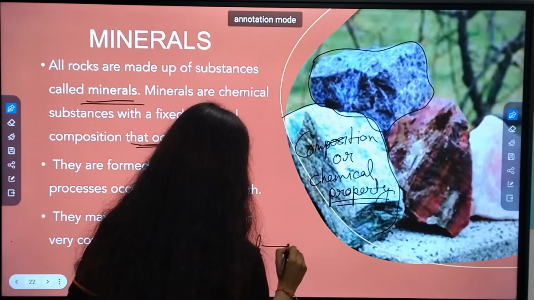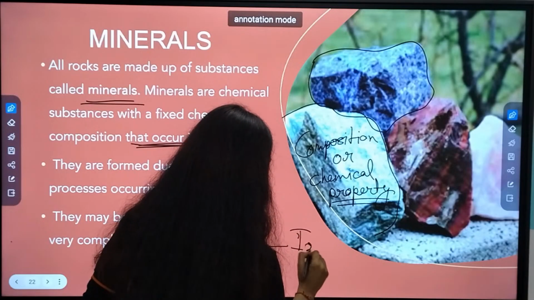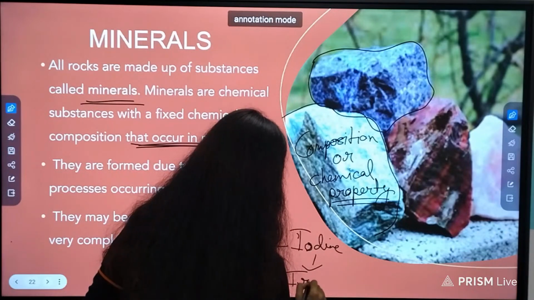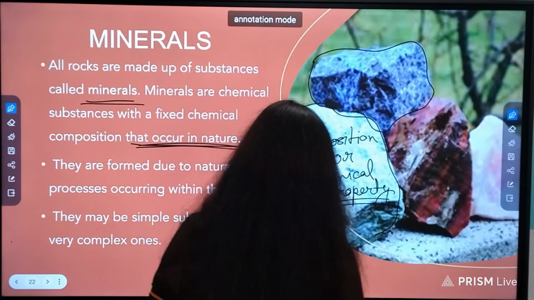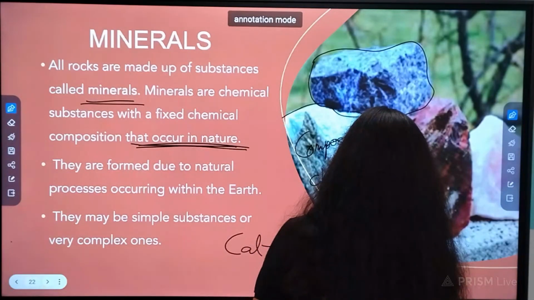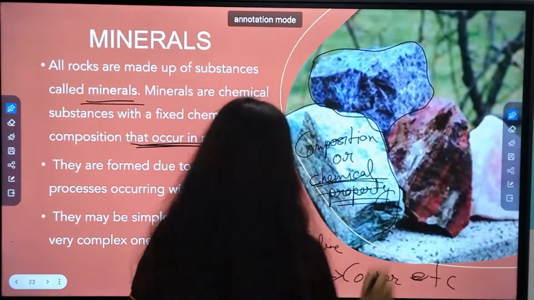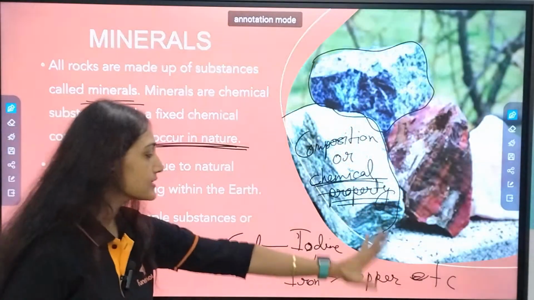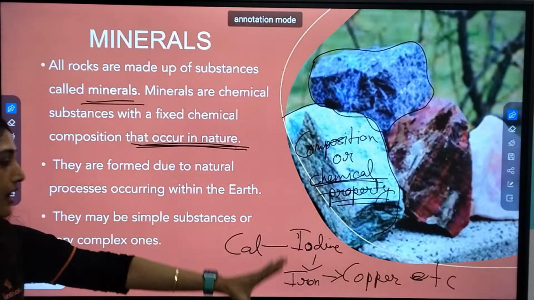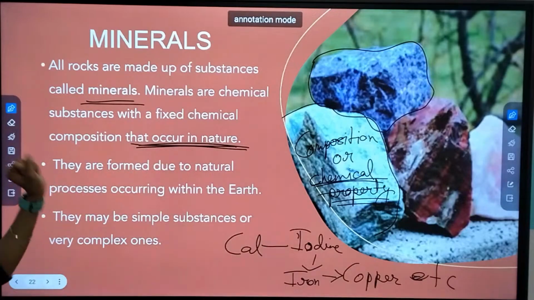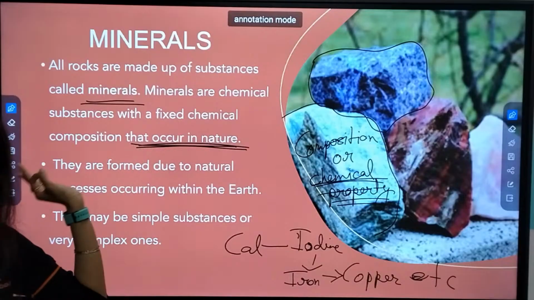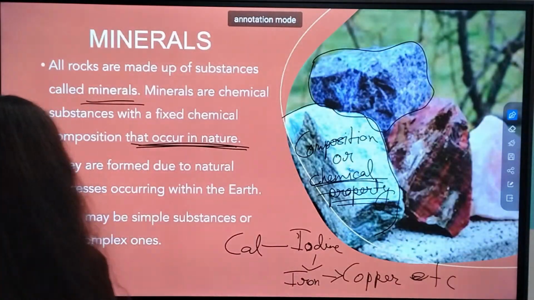Calcium is different from iodine, which is again different from iron, which is again different from copper, etc. Why? Because of its chemical properties. Okay. Now in detail how they are different you will come to know in your higher classes. For now you just know that each mineral is different from each other because their properties are different from one another. Okay.